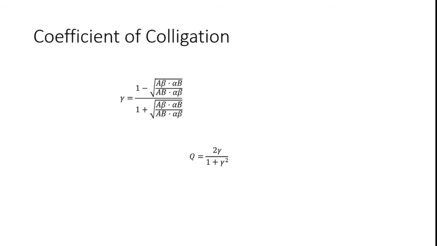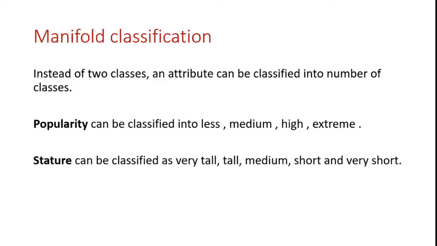There is another coefficient, the coefficient of colligation, which is also sometimes used in understanding the degree of association. We are not going to solve this here. I just wanted to show you how to build on these kinds of fundamentals. Now for manifold classification, instead of 2 classes, an attribute can be classified into a number of classes, as I said.